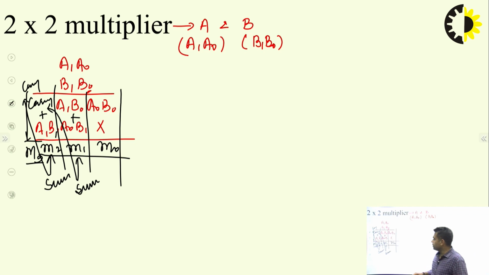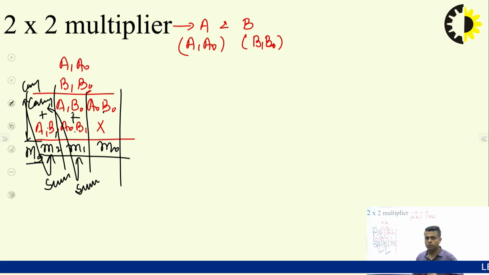Wherever we are performing these products, A naught into B naught, A1 into B naught, A naught into B1 and A1 into B1, these 4 products will simply require 4 AND gates. But wherever we need this plus sign, wherever we need to add 2 numbers, we will require adders, and we can see that not more than 2 numbers are to be added.